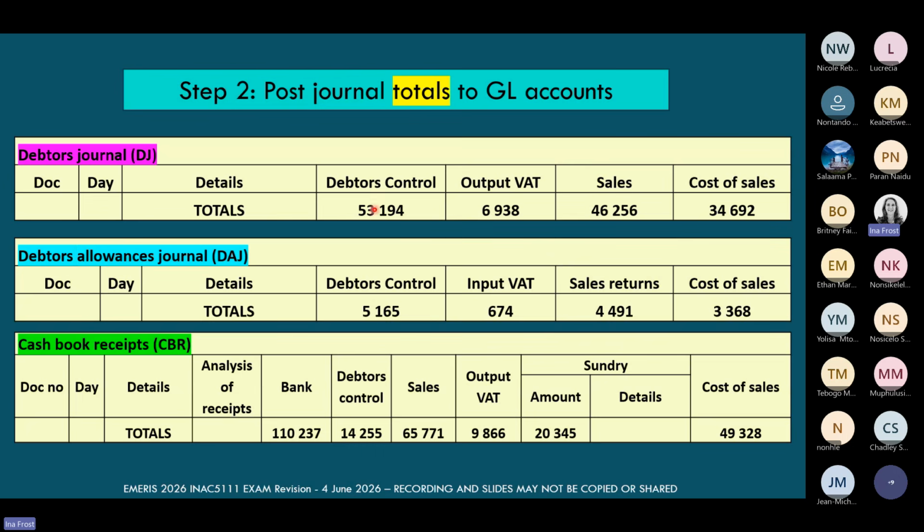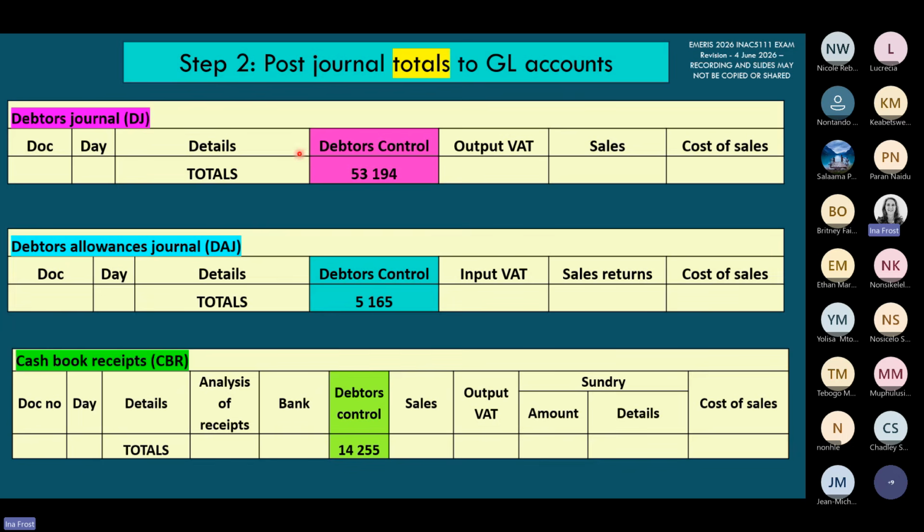Remember again, I'm going to read through all of my little headings and try and spot all the headings with the words debtors control. So there are 3 amounts that need to be posted to the general ledger.